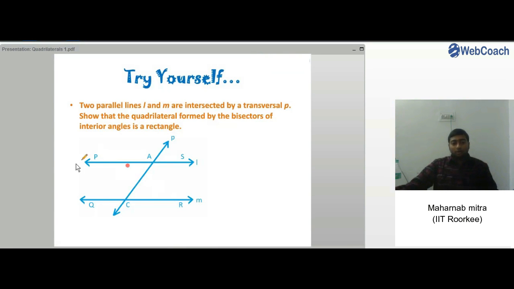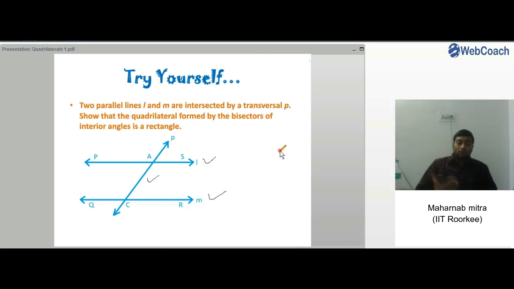So here is one question, try yourself, which says two parallel lines L and M are intersected by a transversal P as shown. Show that the quadrilateral formed by the bisectors of the interior angles is a rectangle.